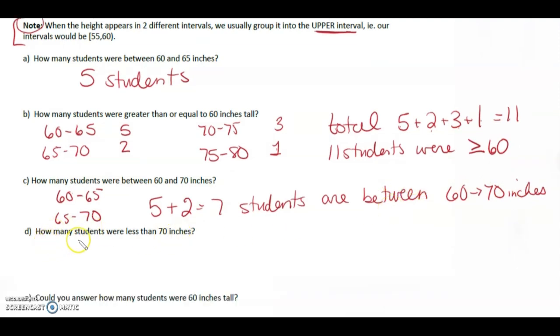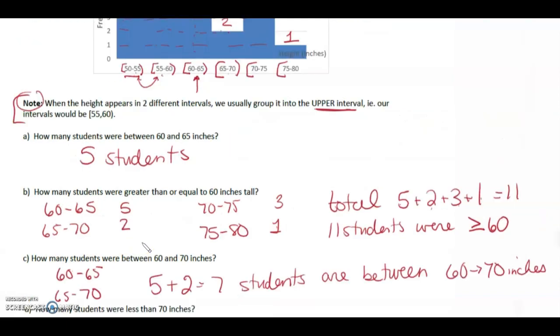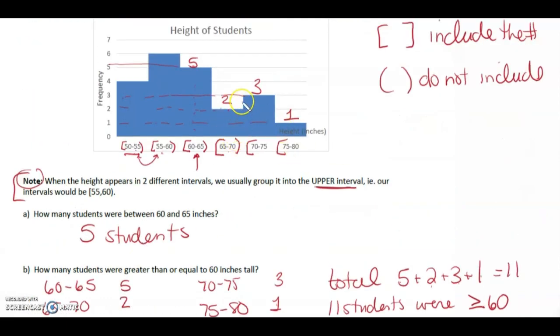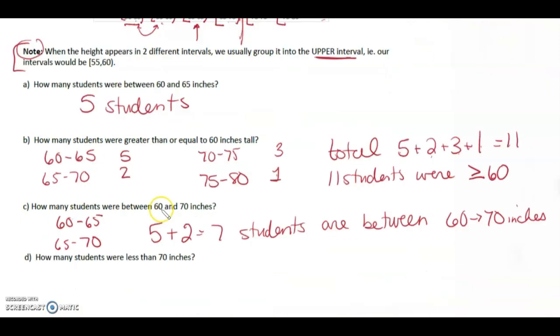Okay. D, how many students were less than 70 inches? So less than 70. So 70, the cutoff is here because that's 70 and above. So less than 70, we're going to start the intervals at 50. So we have to include this interval here, which is 4, this interval here, which is 6, 5, and 2. We have to include all of these intervals here. 4, 6, 5, and 2.